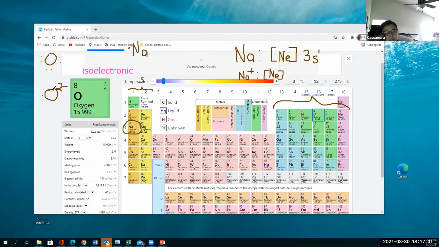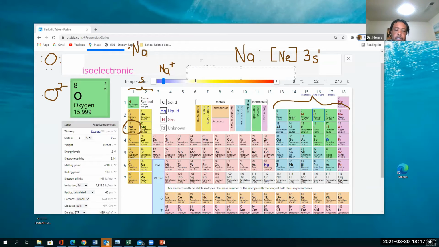That's right. So the sodium ion, Na+, would be a cation, because cations are positive. Remember? Positive.